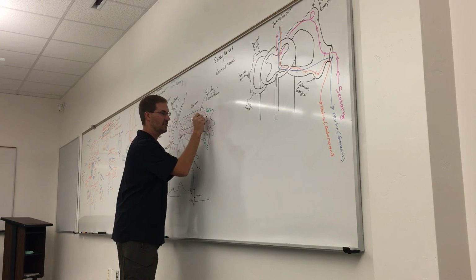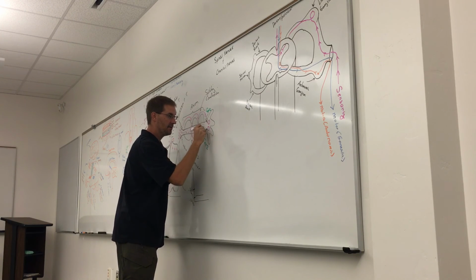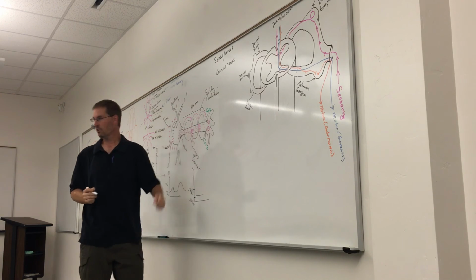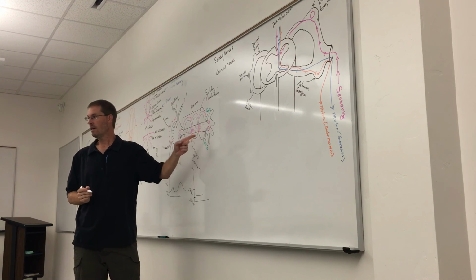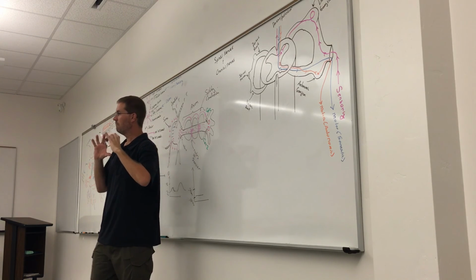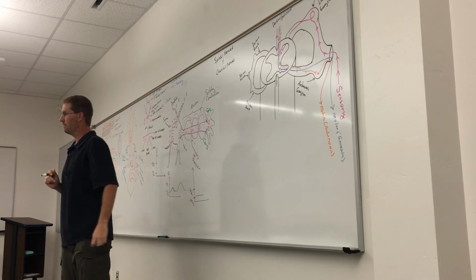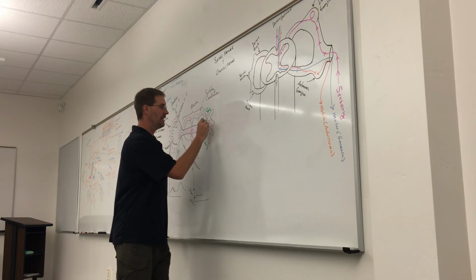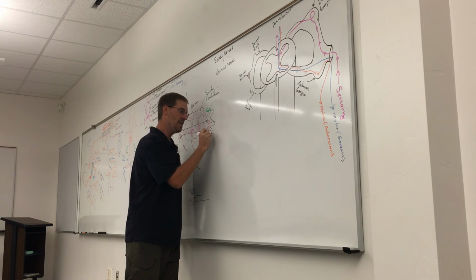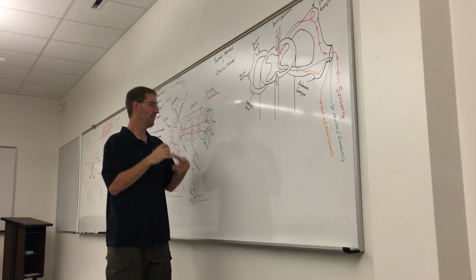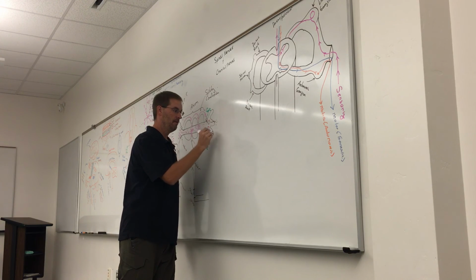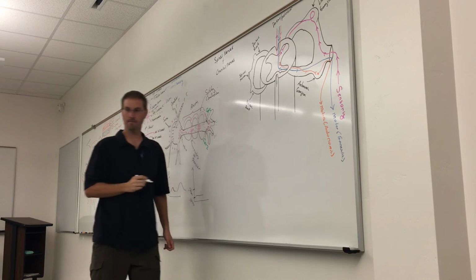Calcium enters the cell and interacts with little vesicles in the axon. These vesicles contain neurotransmitter molecules, and calcium allows the vesicles to leave the neuron, and when they leave, they dump their neurotransmitters out here.